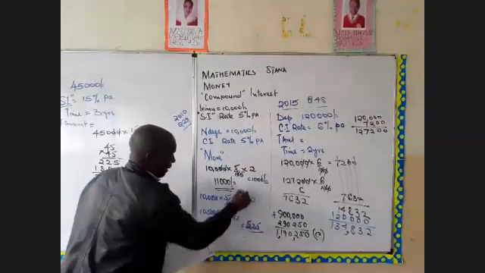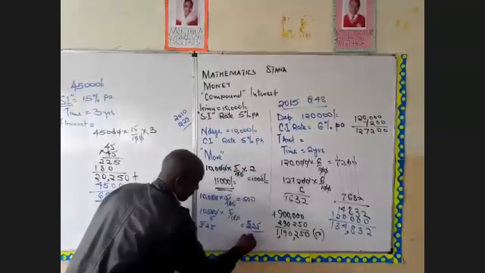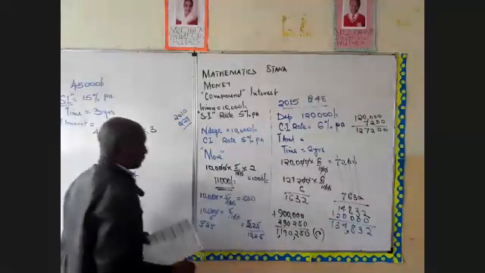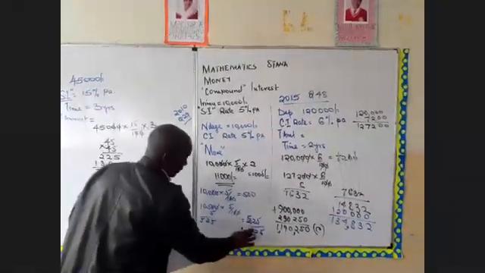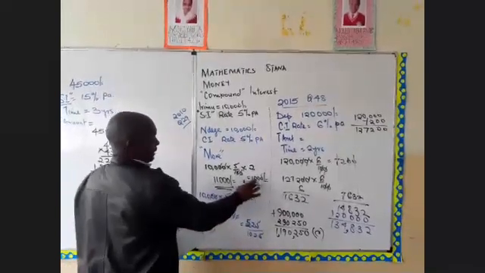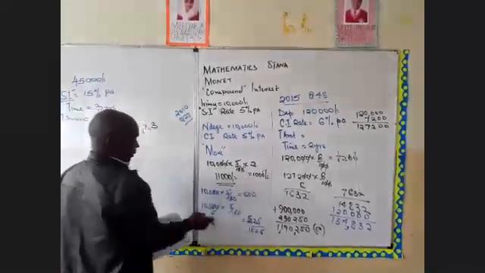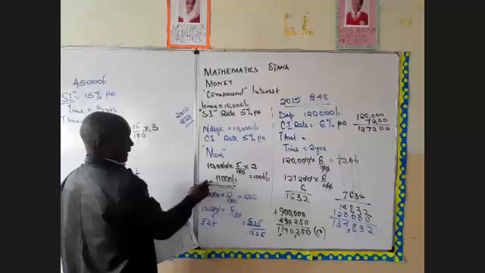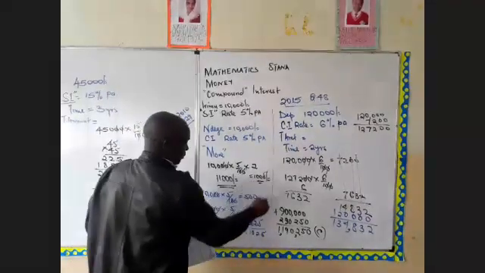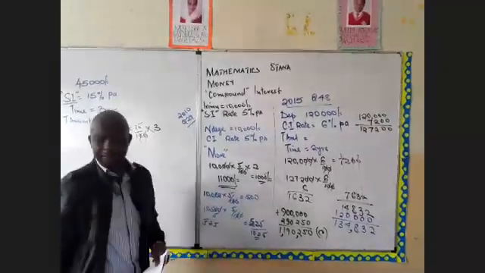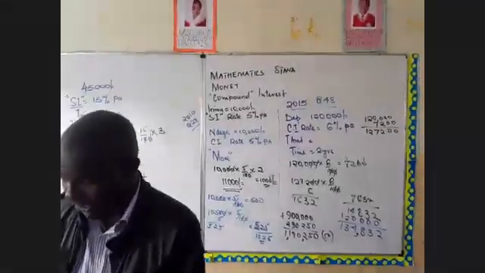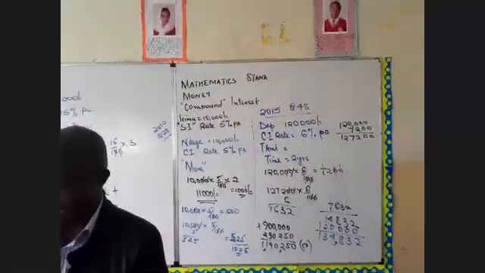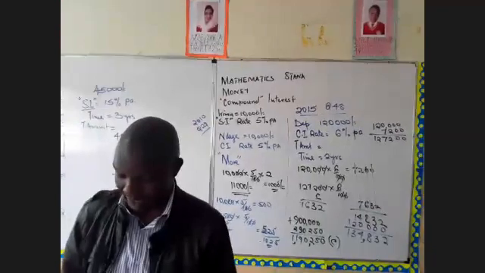Total interest 1,025. Now we are looking at only 1,000. So the total for this fellow is 11,025 against 11,000. So she's right. The difference is 25 shillings. So compound interest earns more interest than simple interest.